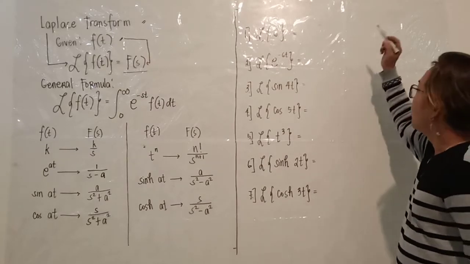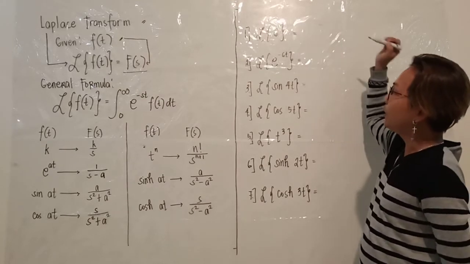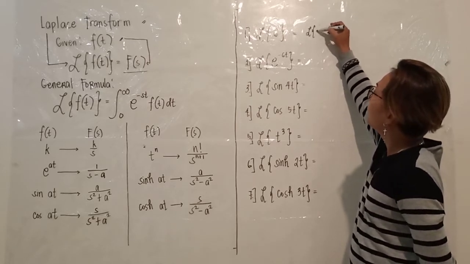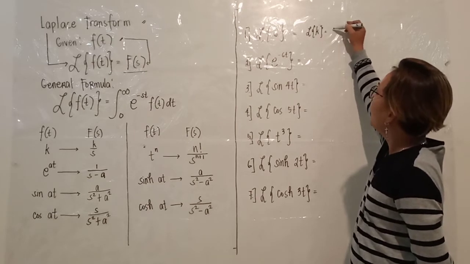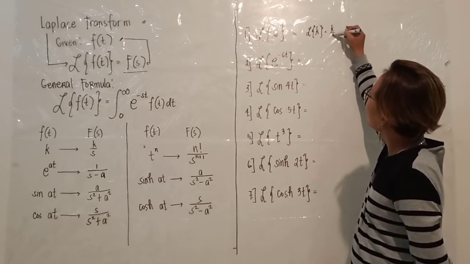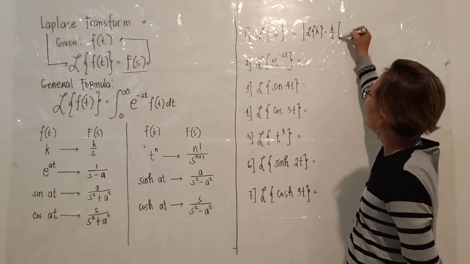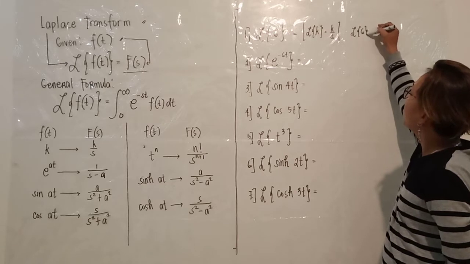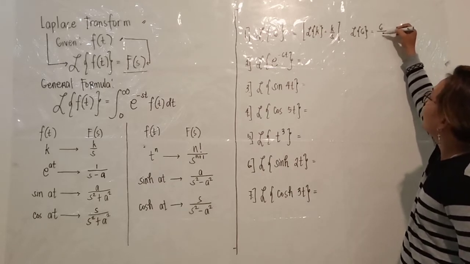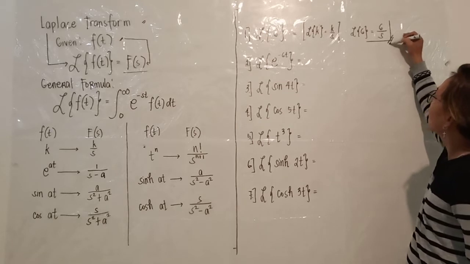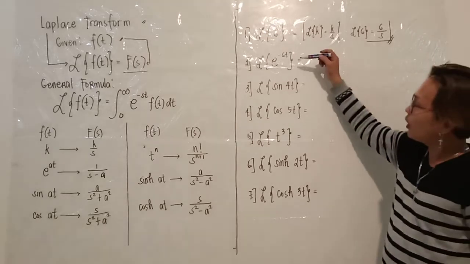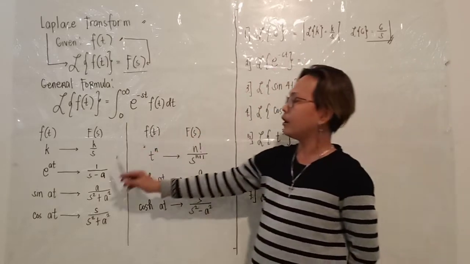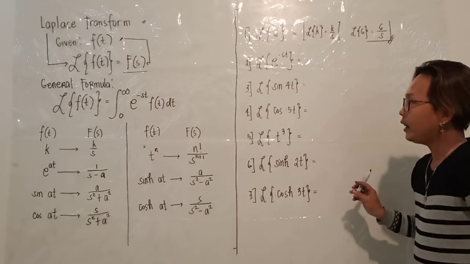Okay. For example, you have to know the Laplace transform of 6. This falls under the Laplace transform of k, wherein you must have k over s. Tama? So, the Laplace transform of your 6 is simply 6 over s. Okay? Next. Pagdating sa Laplace transform of e raised to negative 6t, this falls under e raised to at.